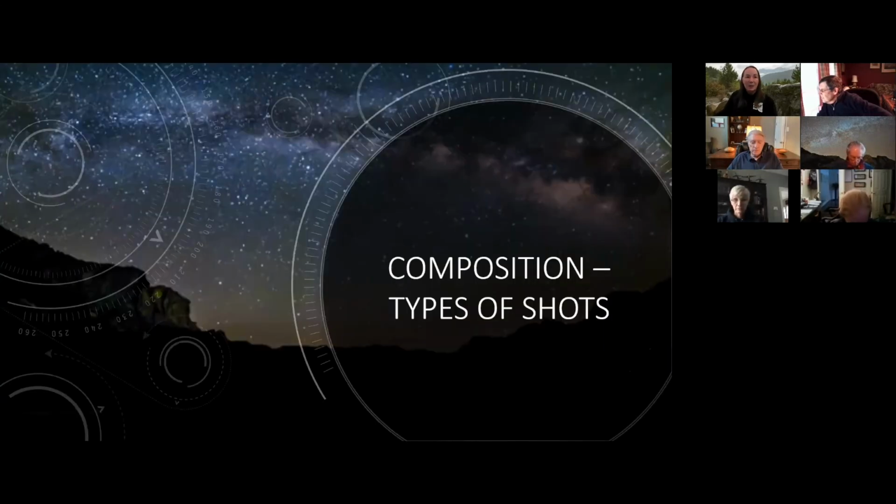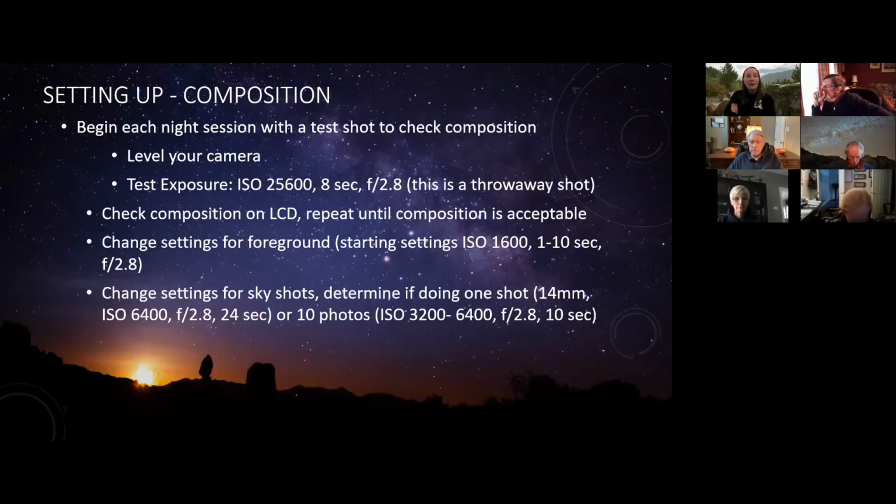Okay, composition tips. How am I doing for time? All right, so you're going to begin each session with a test shot to check composition, and that is a very high exposure, very fast, like 2500 ISO, 8 seconds, f2.8.